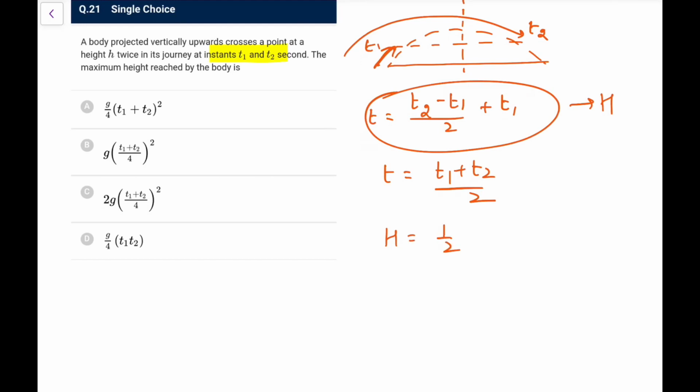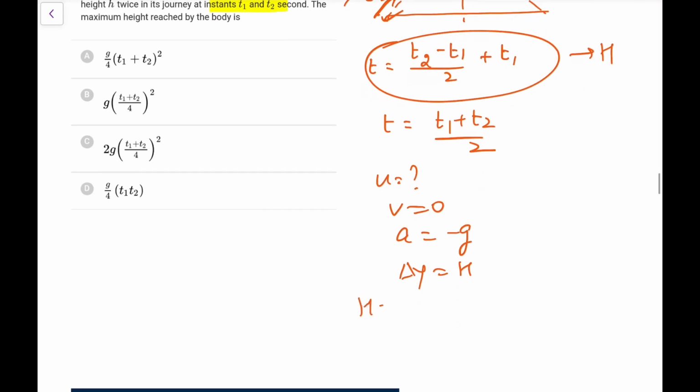So for the maximum height, h is generally half g t square. How are we writing it? I am reusing the third equation. What would be the initial velocity? I don't know at this point, but between this point and the top, final velocity is 0, acceleration is minus g, displacement is plus h, and time is t. So using the third equation, h is vt minus half g t square, so v is 0 and the minus will become half g into ((t1 + t2)/2) whole square.